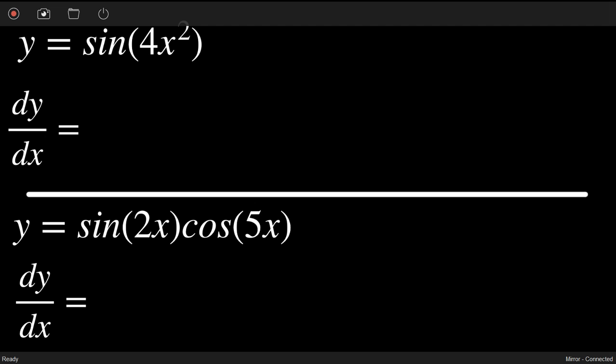All right, so the first one we have is y equals sine of 4x squared. And so the derivative of sine is cosine. The inside part stays the same, but then we multiply by the derivative of the inside part, which will give us 8x.